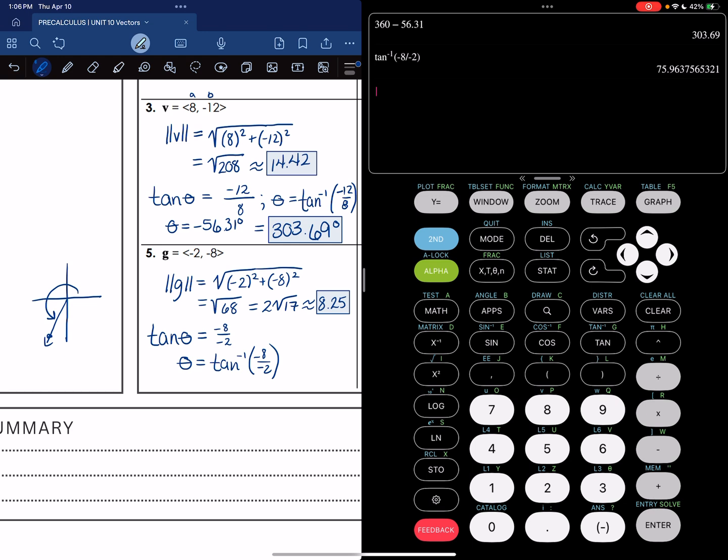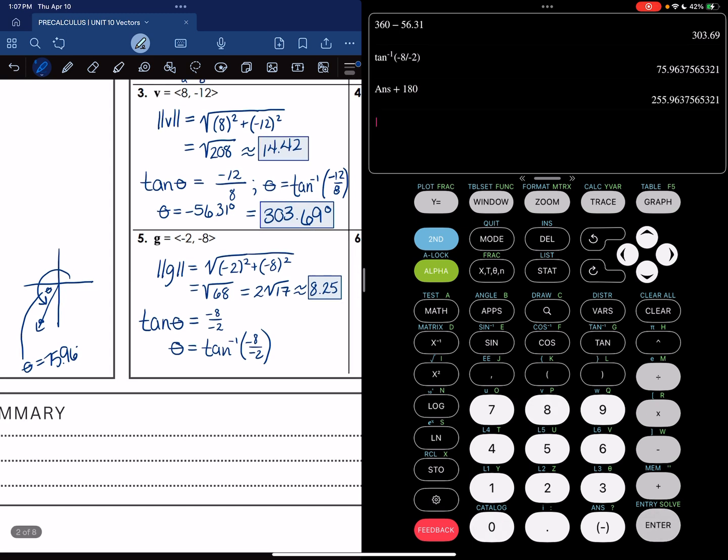So what that means is I've actually gone 75 degrees beyond right here. So this angle right here, that theta, is 75.96 degrees. And if I want to know the entire rotation, what are we going to have to do? We're going to have to add the part that was missing, which would be to add 180 degrees to it.